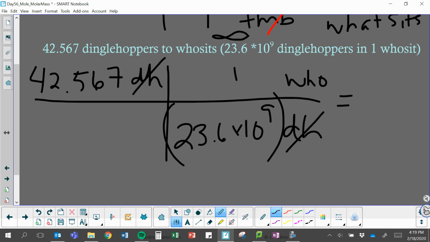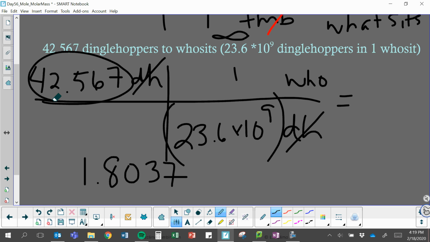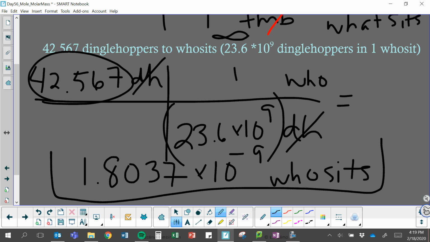So if we put this in scientific notation, it tells us actually more decimal places. So it's 1.8037 because we want 5 just like this one, and it's times 10 to the negative 9 who's its. So we just have to be careful when we plug that into our calculator.